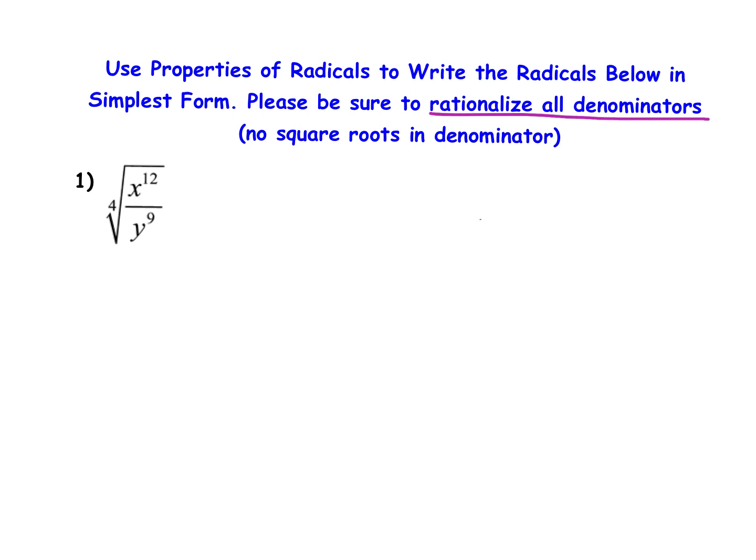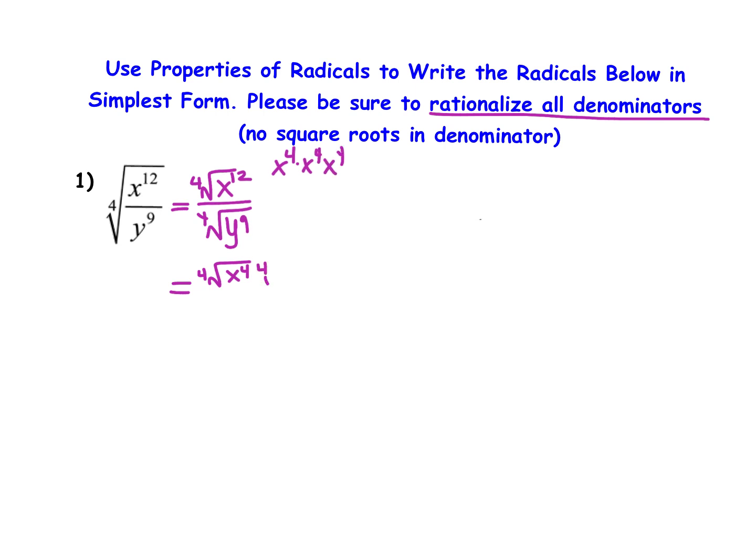So here in this first one, I'm going to split this up using that quotient property. So this becomes the fourth root of x to the 12th over the fourth root of y to the 9th. So if I start splitting this up, at least in the numerator, I can split this up into x to the 4th times x to the 4th times x to the 4th.